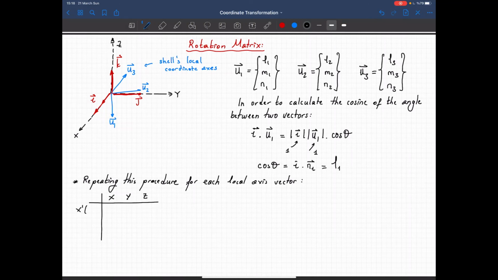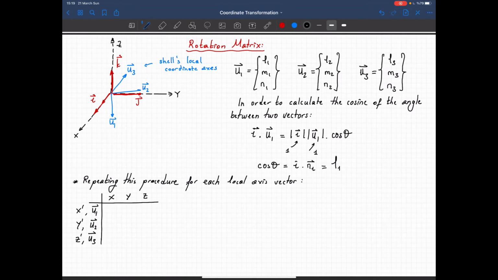X prime is defined by U1, Y prime we use U2 to define it, and Z prime, U3 to define it.